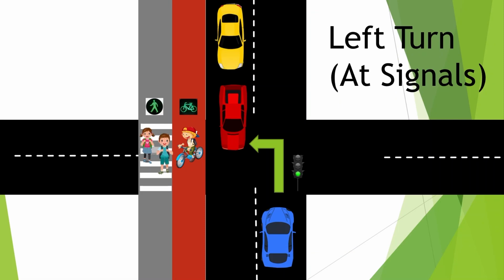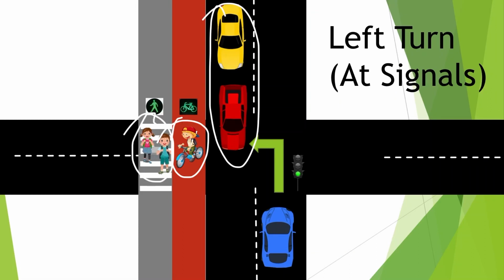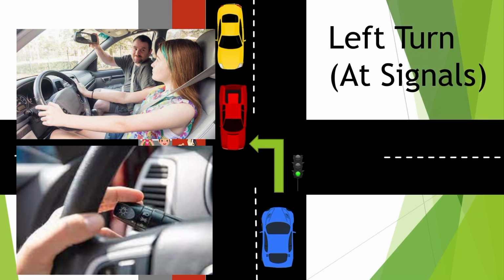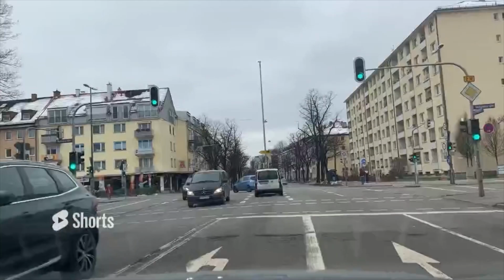If you watched the separation of concerns, you should know that the three concerns while taking a left are cyclists on the road, pedestrians on the road, and also the oncoming traffic. So of course you should avoid mistakes like not checking your mirrors or not putting on the left indicator, this is for sure.